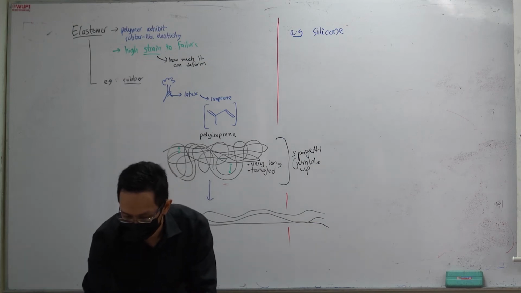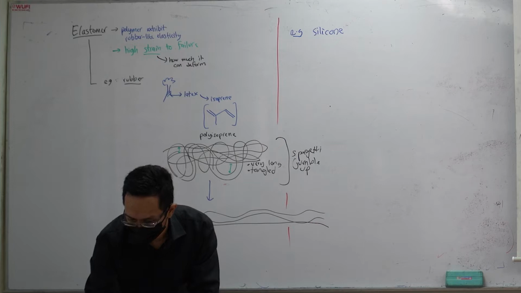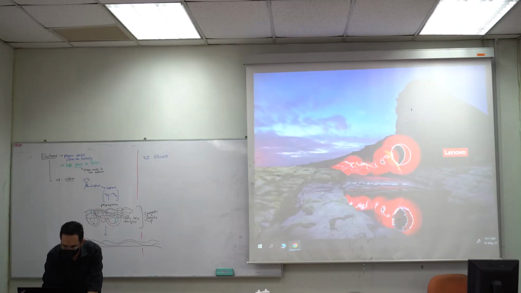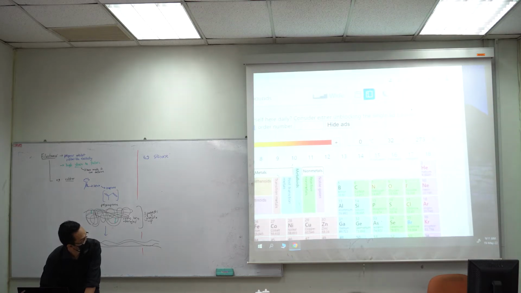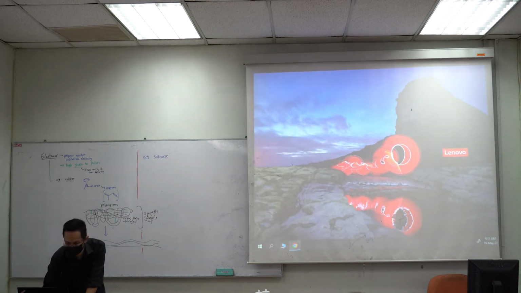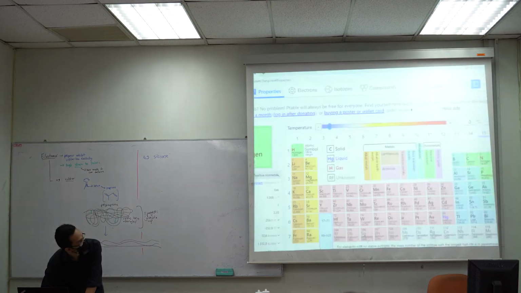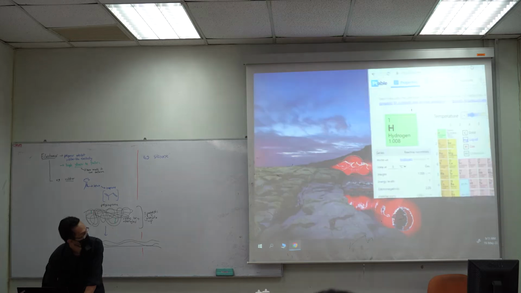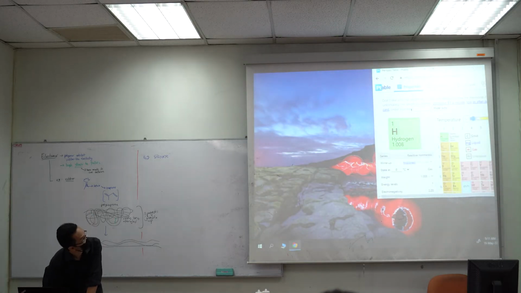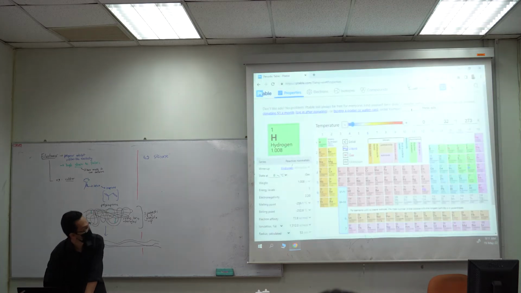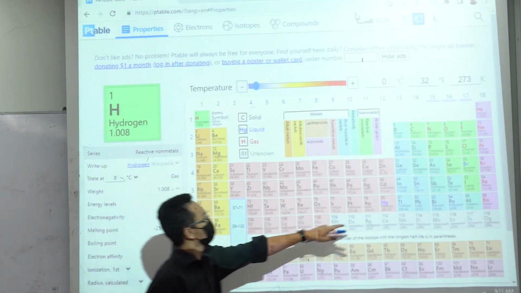So if you look at the periodic table, let me open this. Okay, from here you can see there is silicon.